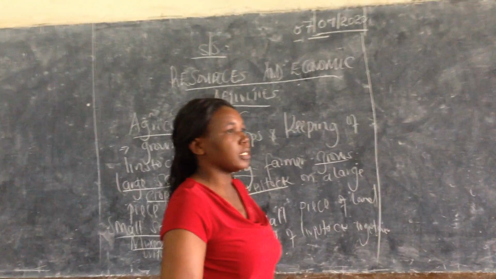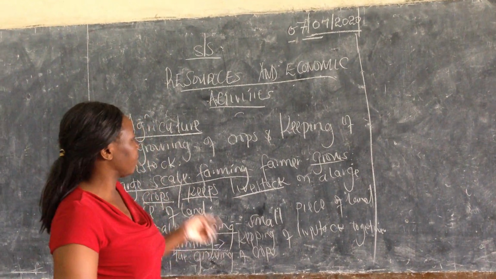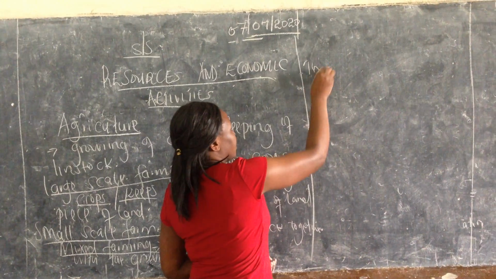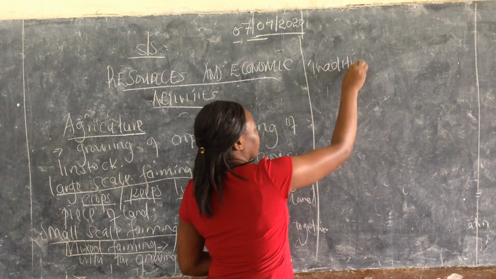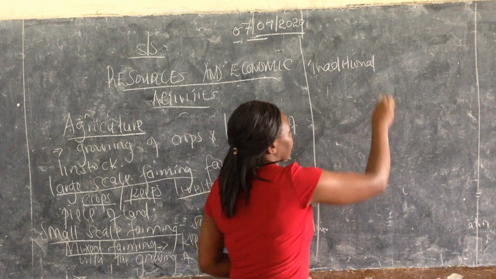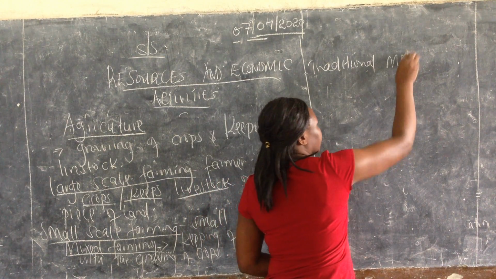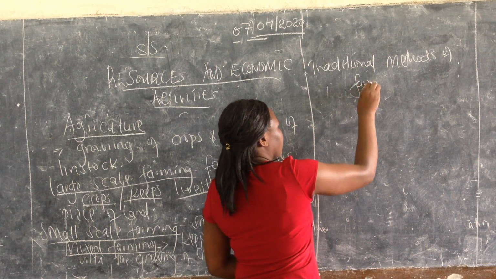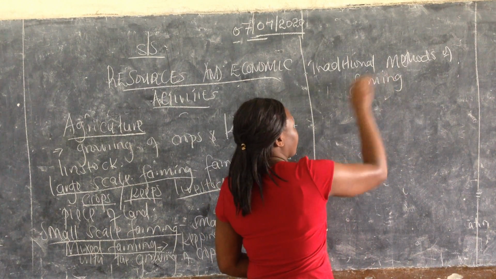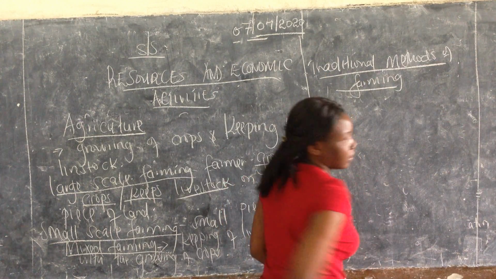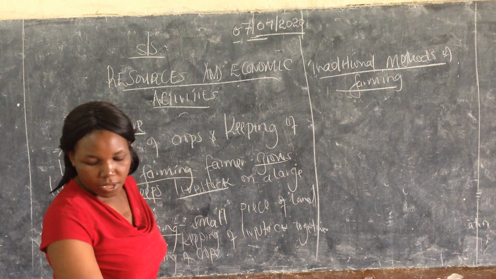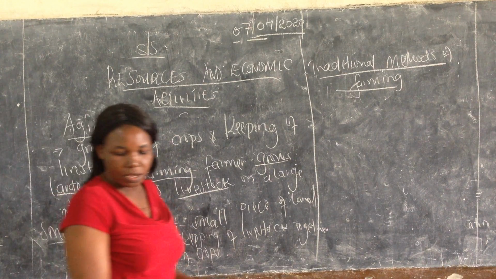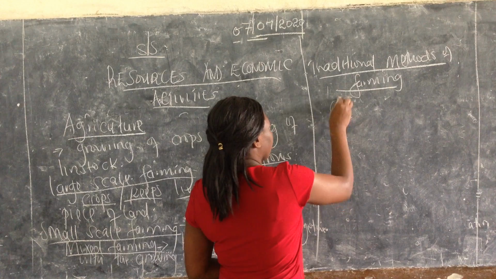So we have characteristics of traditional methods of farming. Traditional methods of farming have characteristics.